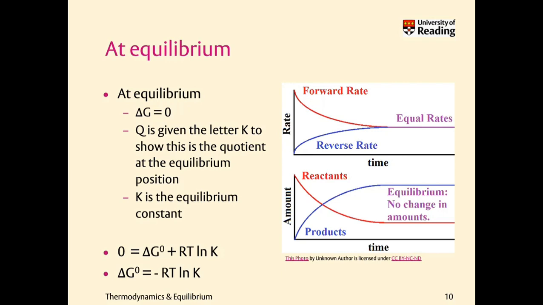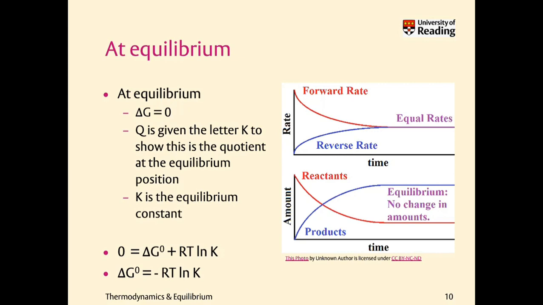Because delta G is now 0, so 0 equals our standard Gibbs free energy change for the total reaction, plus RT, and now we have log of K rather than natural log of Q. So ln is natural log, and I often just shorthand say log. So natural log of K.